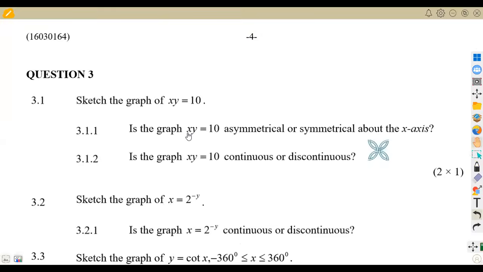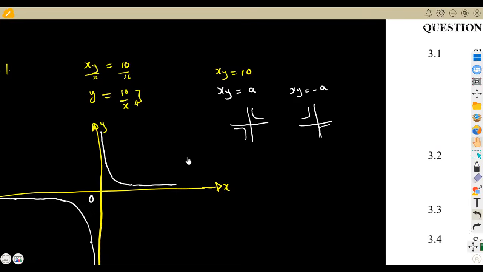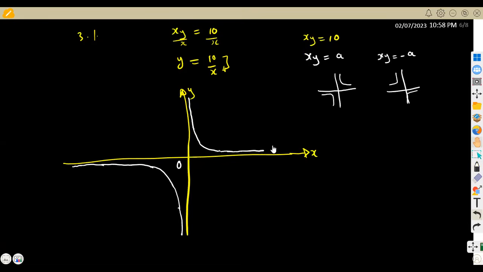Okay, 3.11. We are now asked: is the graph of xy equal to 10 asymmetrical or symmetrical about the x-axis? Can you divide this graph into two equal parts about the x-axis? It's not symmetrical because you can't cover up. If I say symmetrical is like this, guys, I've got a function like this.